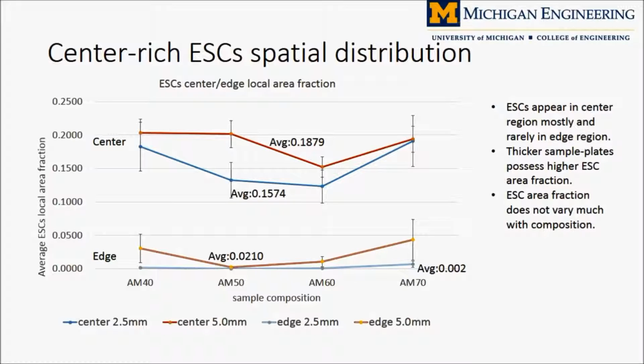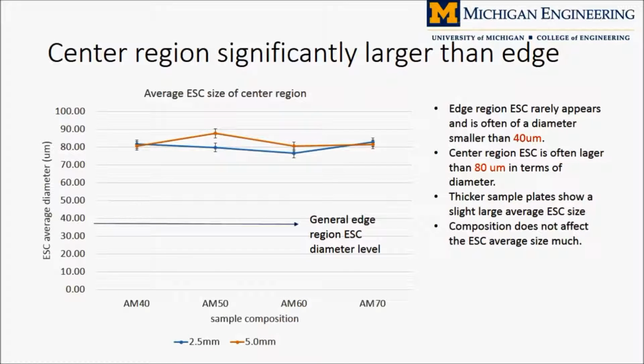ESCs mostly appear in the center region and rarely appear in the edge region. This result is consistent with the direct observation from the microscopy image. ESCs rarely appear at the edge region.